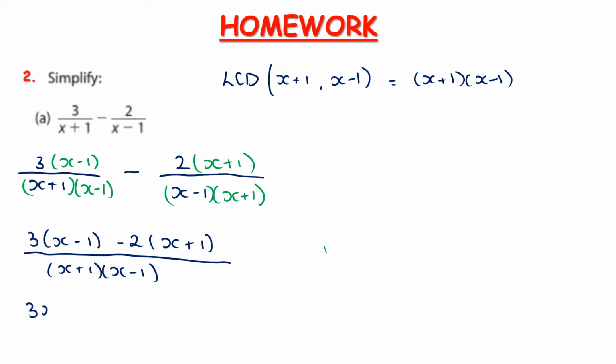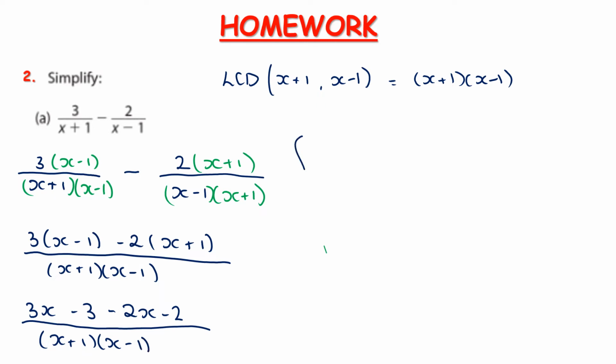That gives me 3x minus 3 minus 2x minus 2 all over (x plus 1)(x minus 1). Cleaning up that top line, I get (x minus 5) all over (x plus 1)(x minus 1).